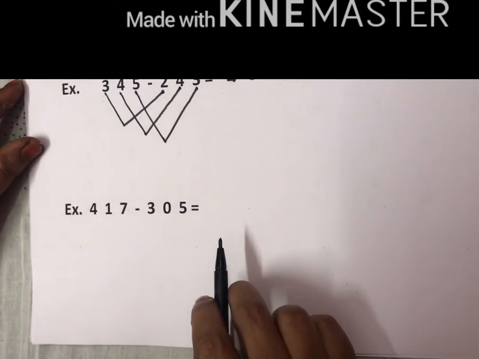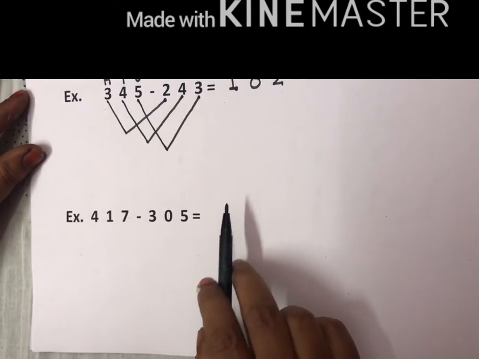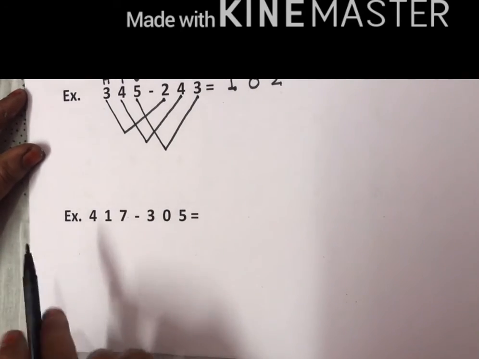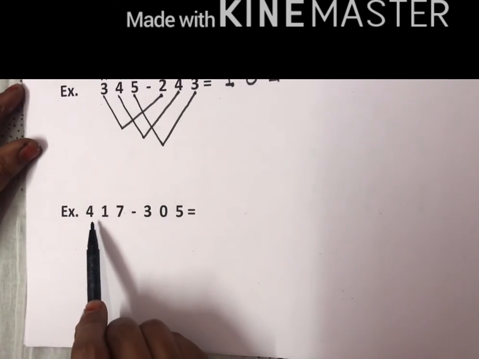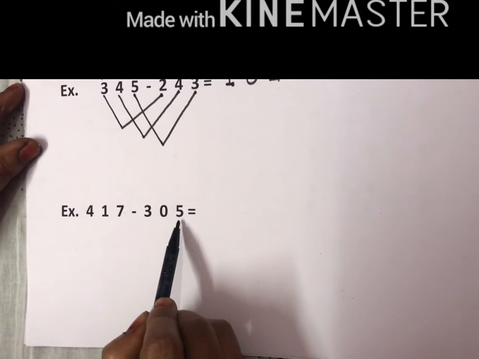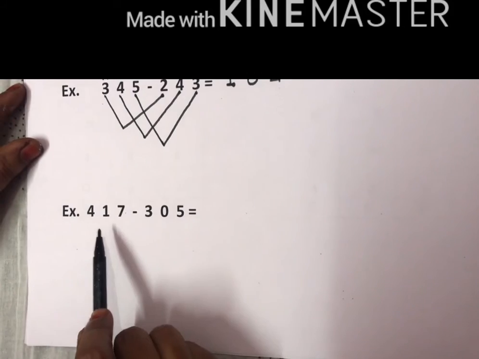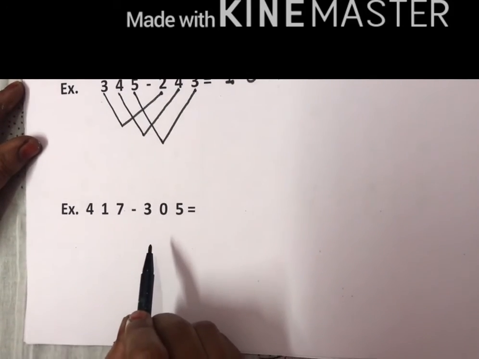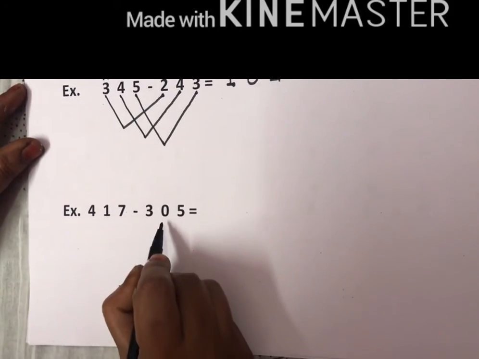We will see one more example for the subtraction in horizontal arrangement. The example is 417 minus 305. We do not need to write column method, we have to use horizontal arrangement.